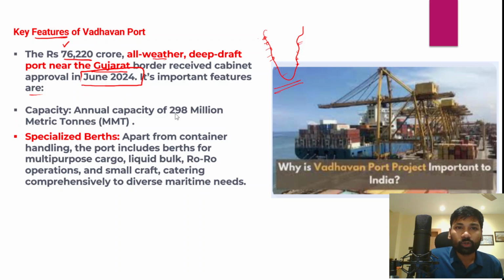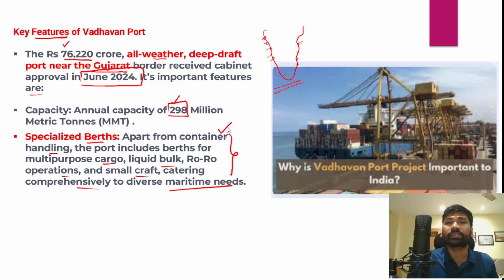And apart from that, when we talk about the annual capacity of this particular Vadhavan port, the annual capacity would be 298 million metric tons per annum. It would also have specialized berths for handling containers or these ships. Now, apart from container handling, this port will also include other facilities such as multi-purpose cargo handling, liquid bulk, RO-RO operations, and small craft, and it would cater comprehensively to diverse maritime needs.